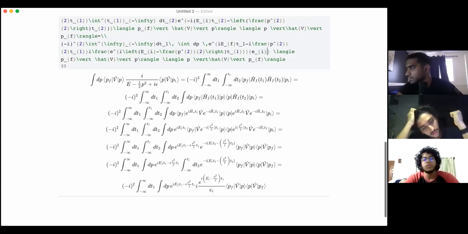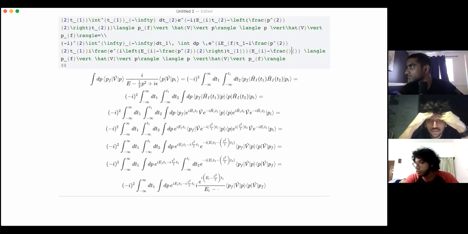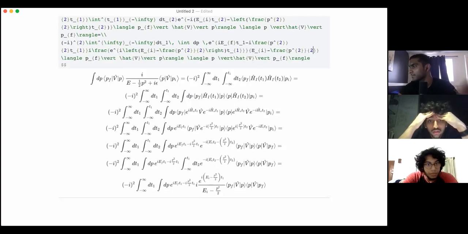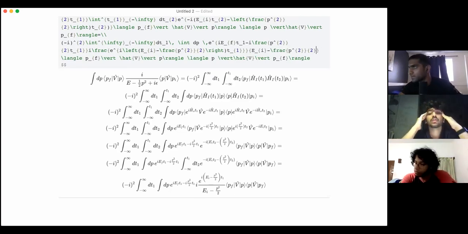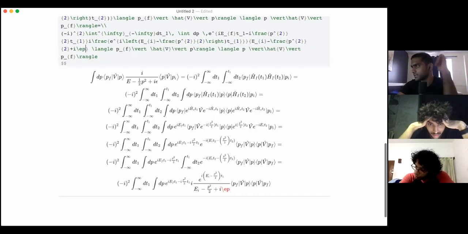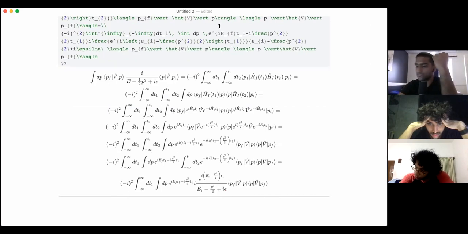And okay, well, we might as well add the i epsilon here. This is just to say that when we think about doing the P integral, we need to deform the contour.